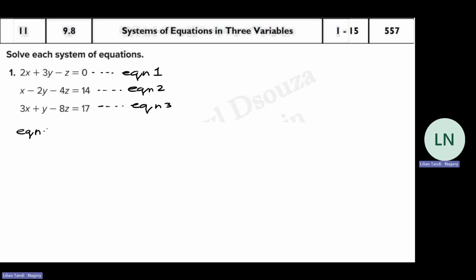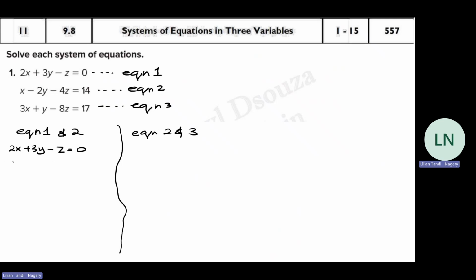This way you don't make a mistake. If you don't write the variable you're eliminating, you can make a mistake. So equation 1 and 2. And here I'm going to solve equation 2 and 3. I'm using elimination, but you can use either. Elimination is the best. Use elimination.